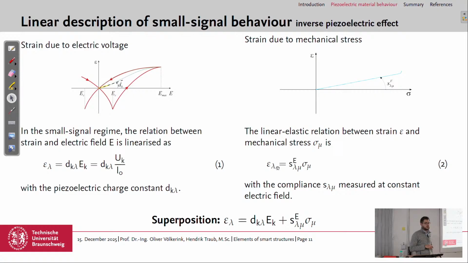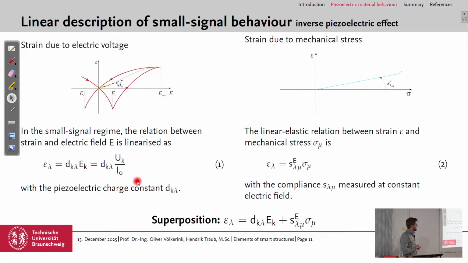So compliance is the inverse of the stiffness or the Young's modulus in this simplified model. And this exponent E says that the compliance is measured at a constant electric field, because otherwise the compliance would change with the electric field, since it alters the mechanical behavior. But we assume one compliance.